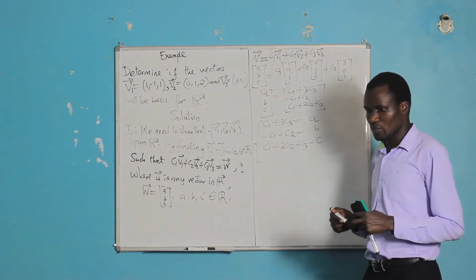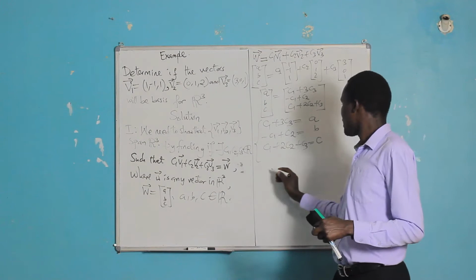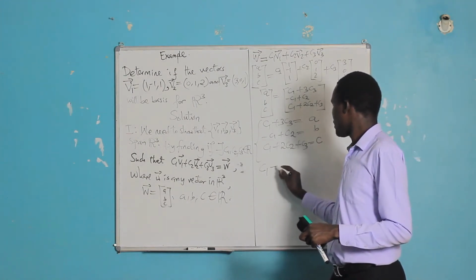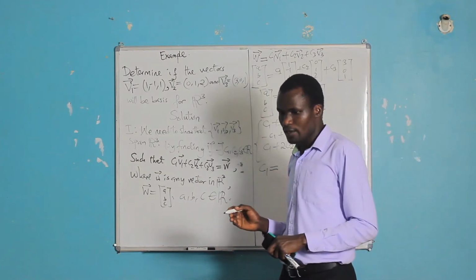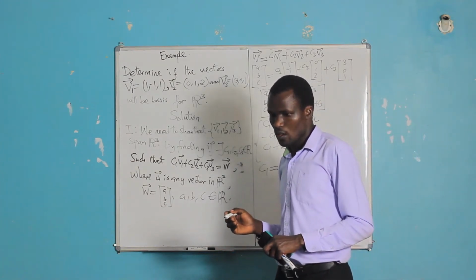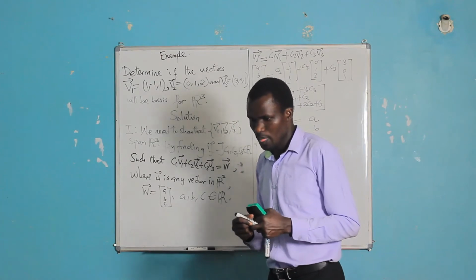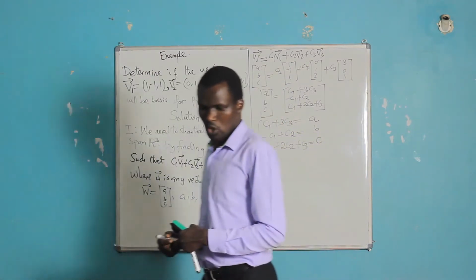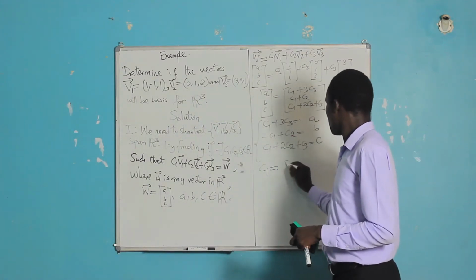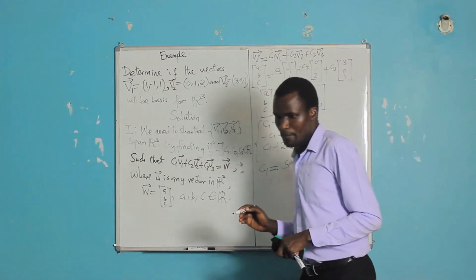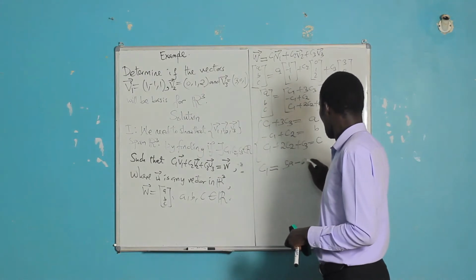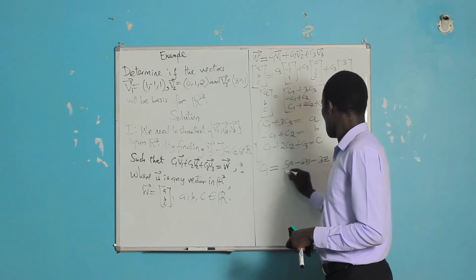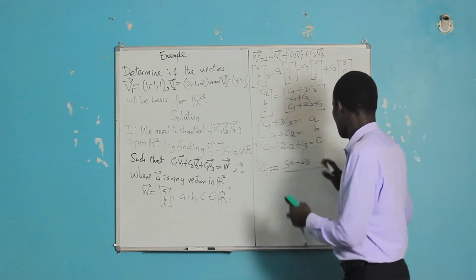Here, in my solution, because we want to find if C exists, I obtained that C1 equals 5A minus 6B minus 3C.